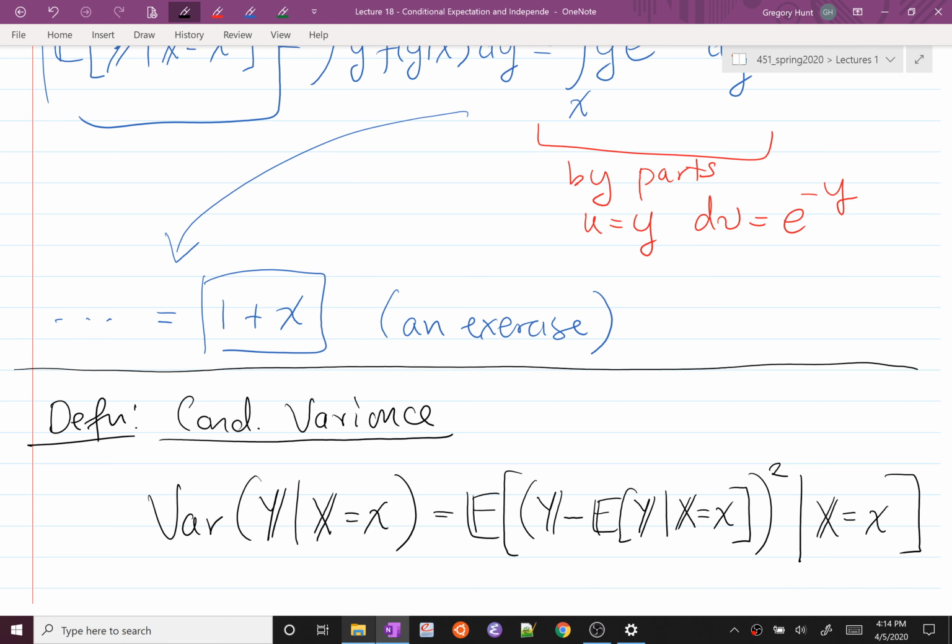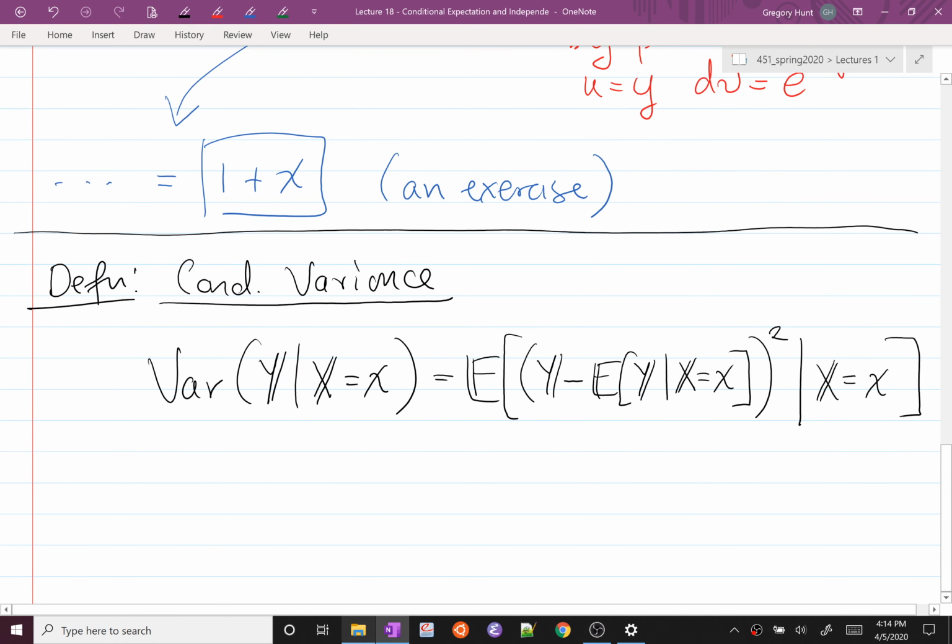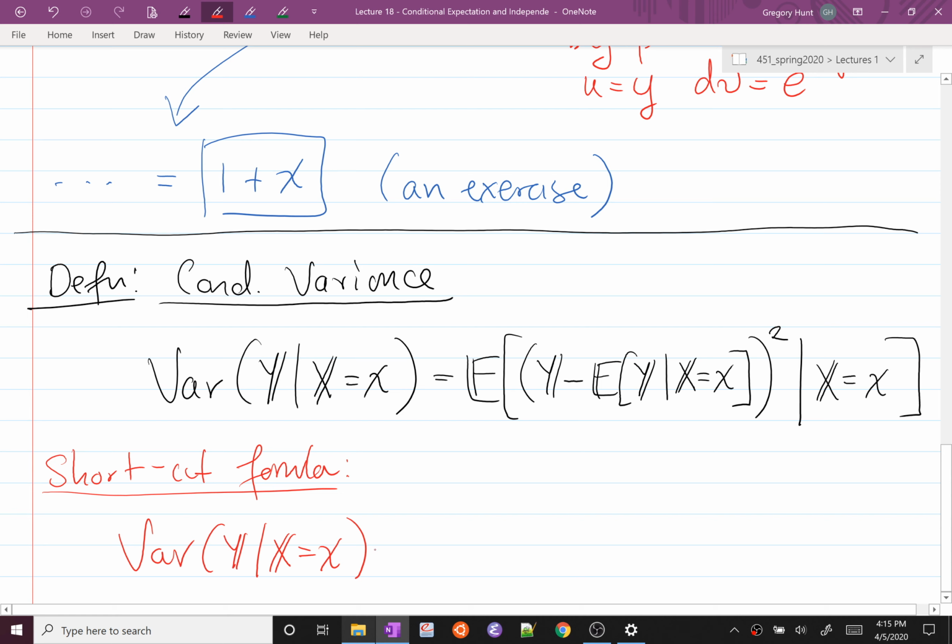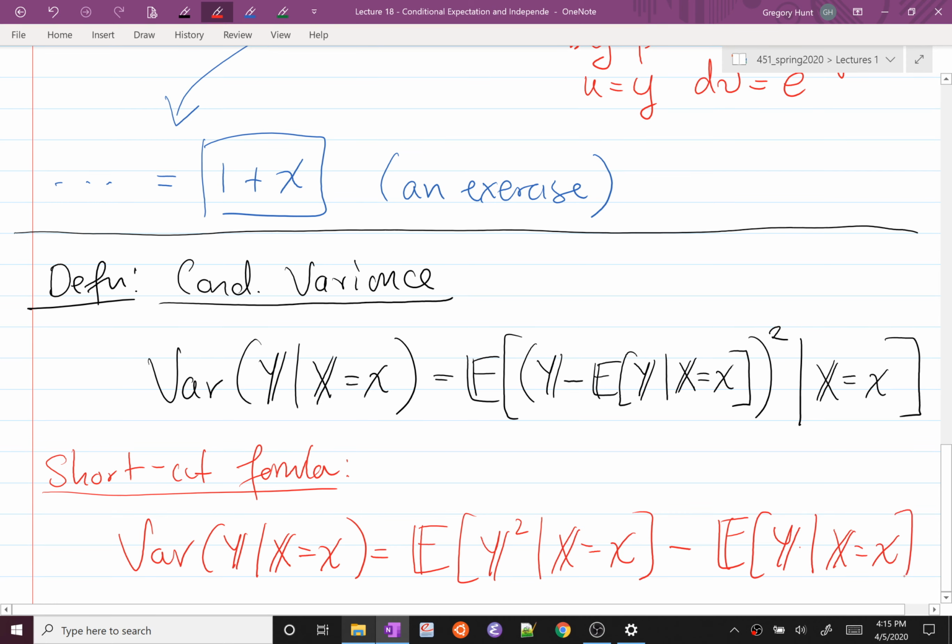And so if we don't want to use this complicated formula, there is, of course, a shortcut formula. And I'm sure you can imagine what it's going to be: the variance of y given x is little x is the expected value of y squared given x is little x, minus the square of the expected value of y given x is little x.